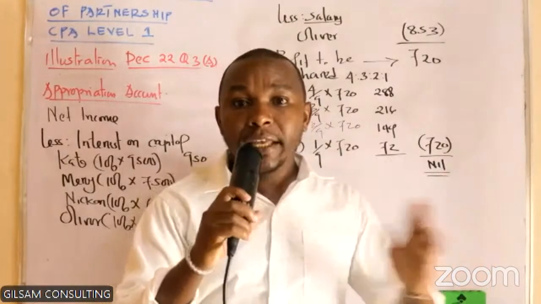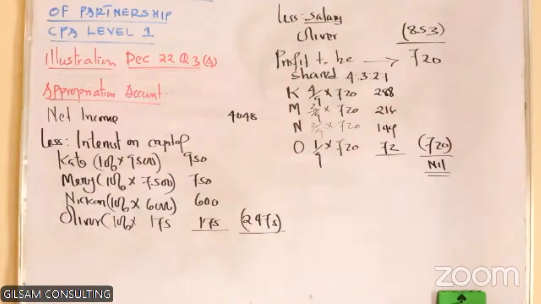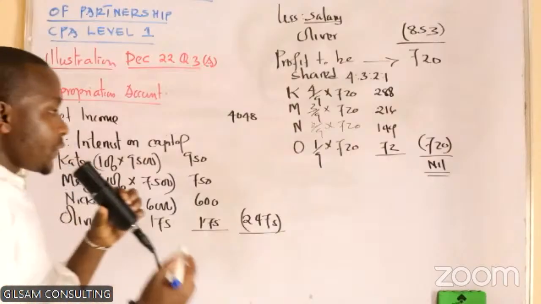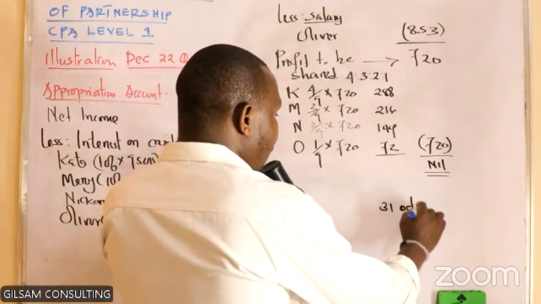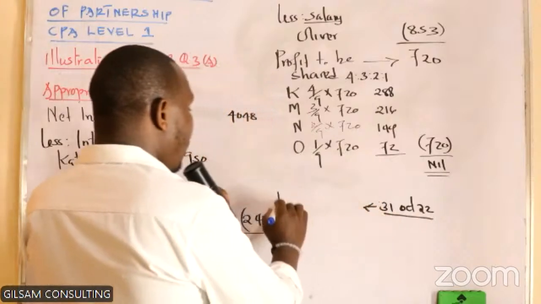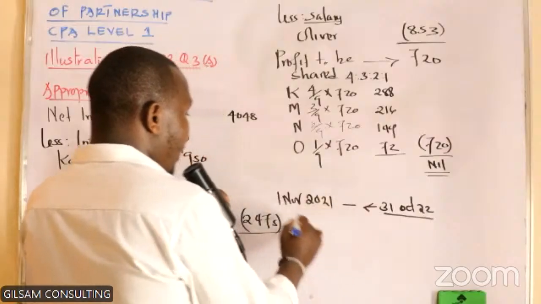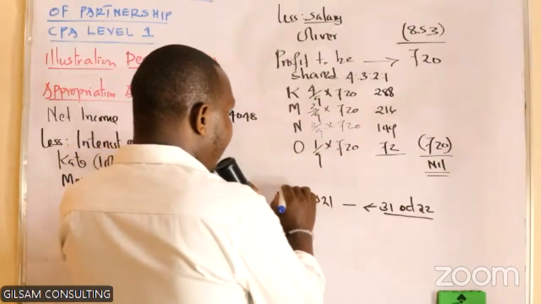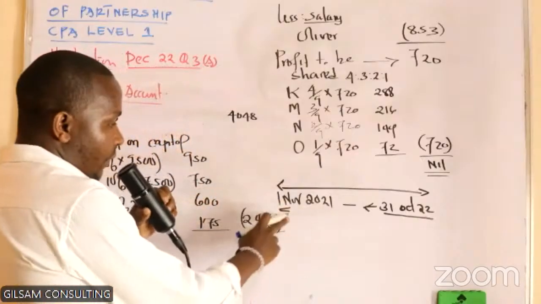Is it a full year admission or some months? So you have to see. We are closing at 31st October 2022, which means our financial year started on 1st November 2021. So Oliver was a full year because he was admitted here on 1st November.